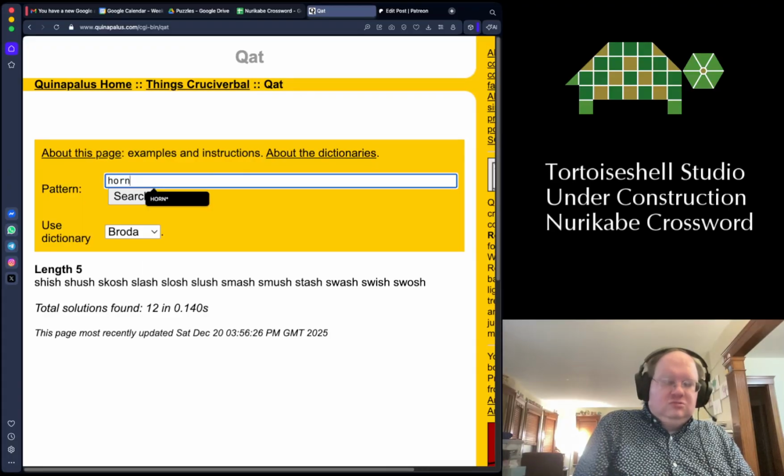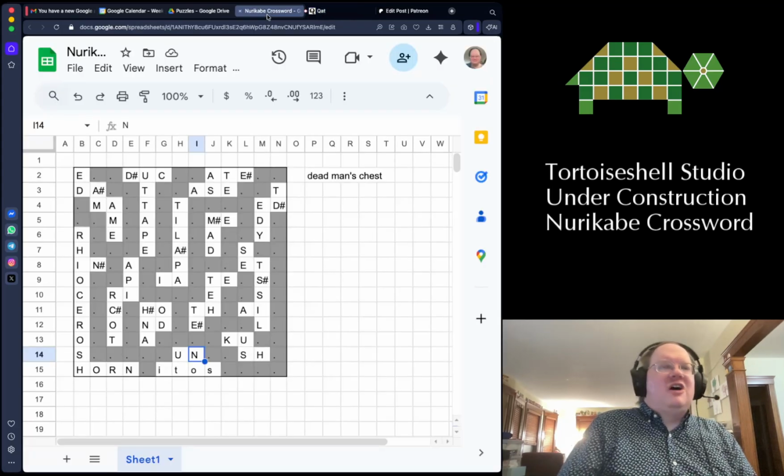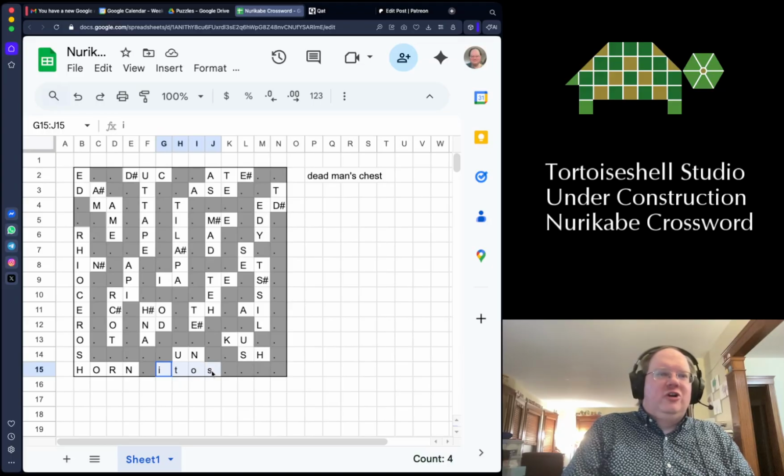So go back to the problem, which is that other than hornet, most other words with horn are related to horn itself.